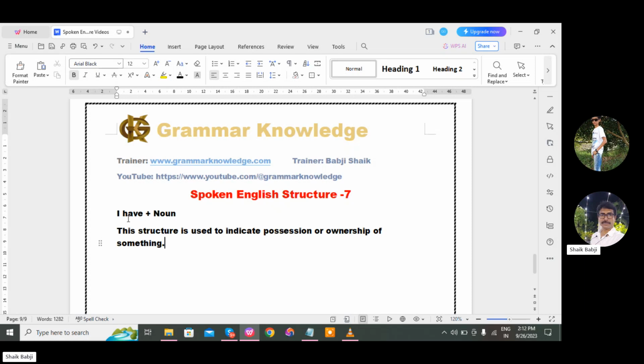Whatever the thing we have, we can express with this I have. For example, I have a book, I have a pen, like that. So you are the owner of that book.